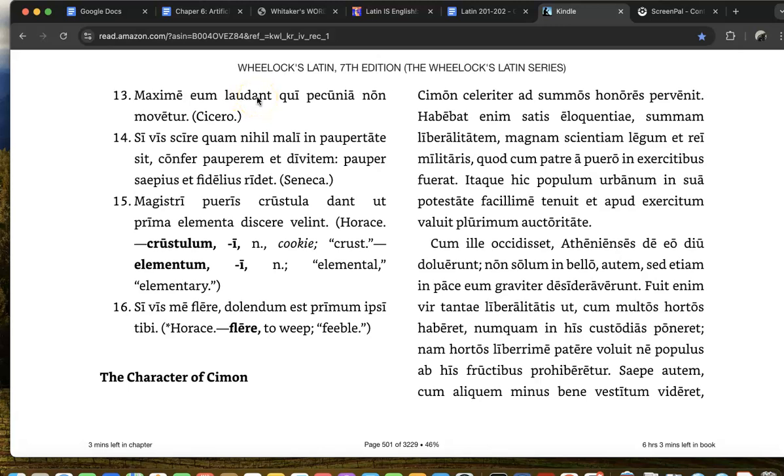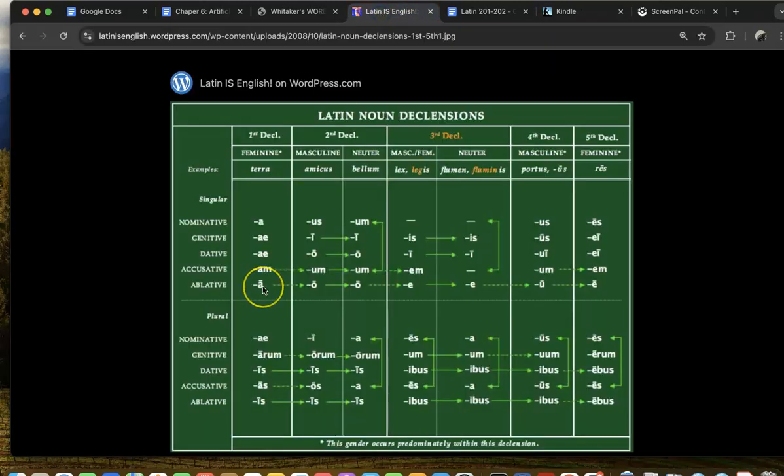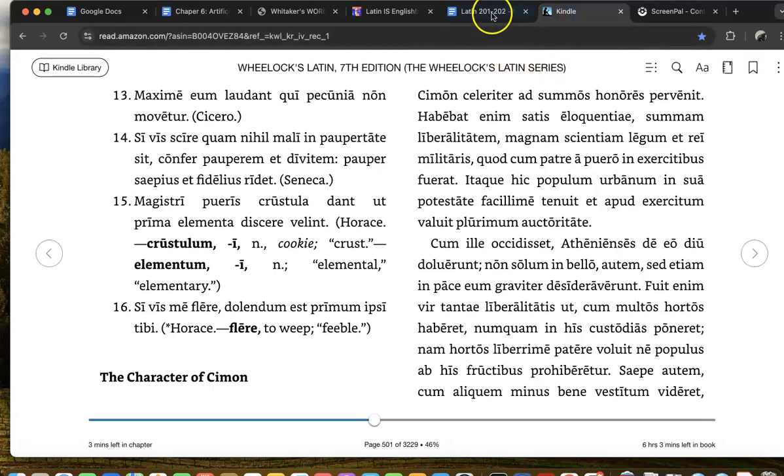So they praise him most, or they praise him especially, who is not being moved, or is not moved, non movitur. So here's our passive again, but we could just say is not moved. And then pecuniae is first declension ablative singular, and then we translate that as by money. So we add the preposition by often with the ablative, and so by money.